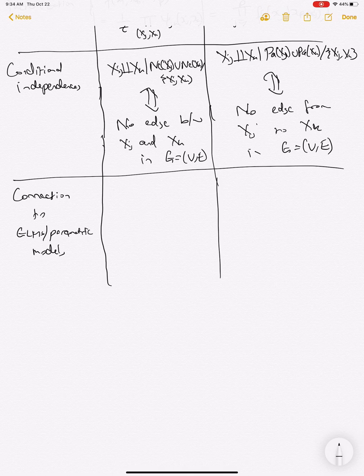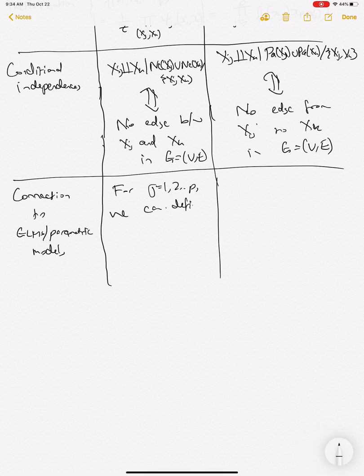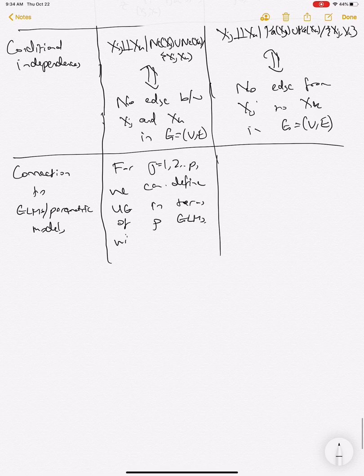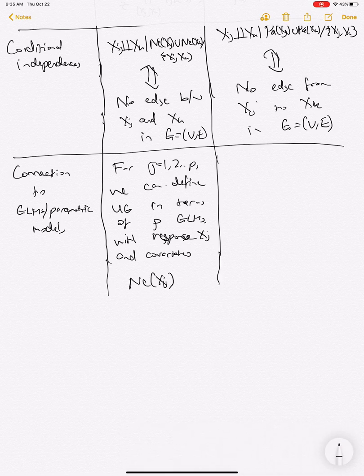We can say that for j equals 1 to p, we can define UG in terms of PGLMs with response xj and covariates being the neighborhoods of xj, and I wrote out the formula for that.